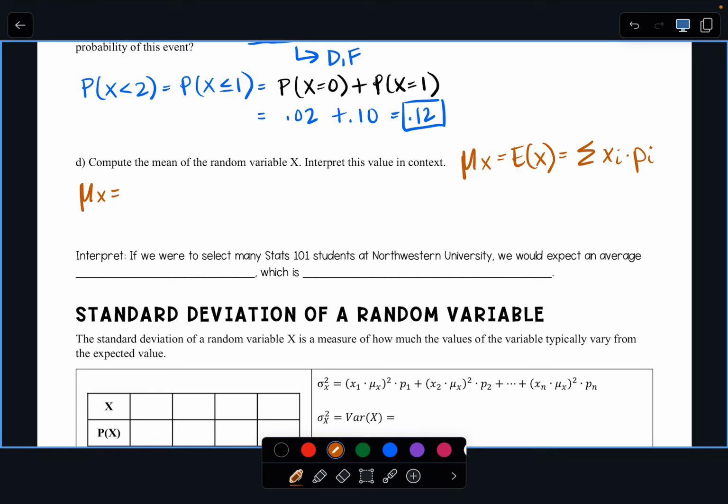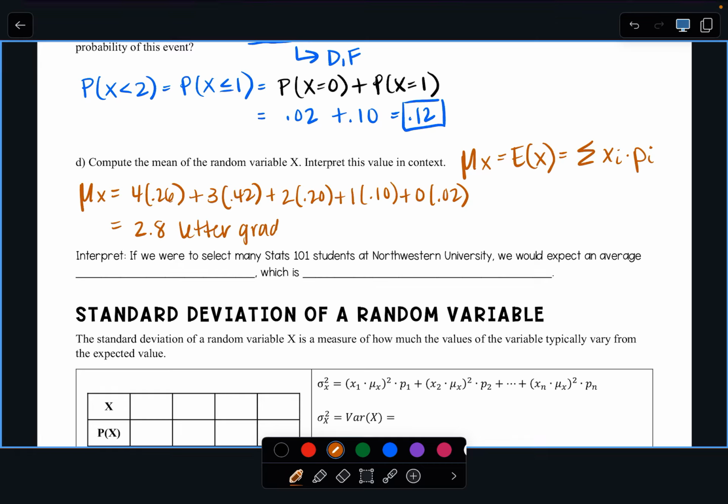And what you're doing is outcome times probability. So I have 4 times 0.26. I have 3 times 0.42. I have 2 times 0.20. I have 1 times 0.10. And I have 0 times 0.02. Plug all of that into my calculator, and I get 2.8 as my letter grade.